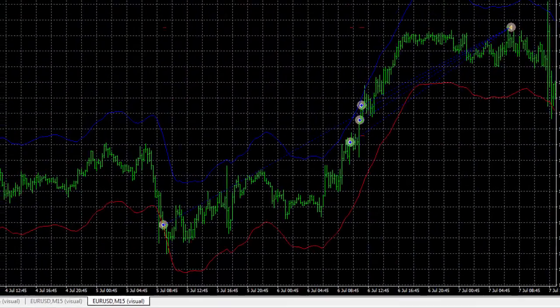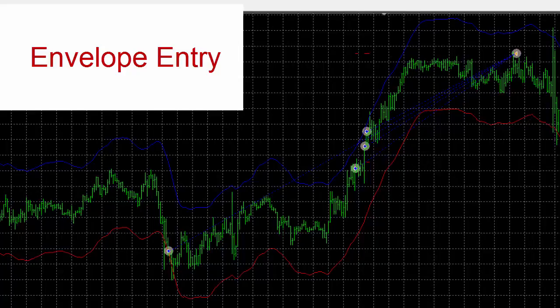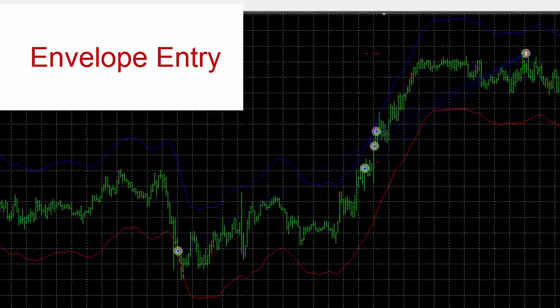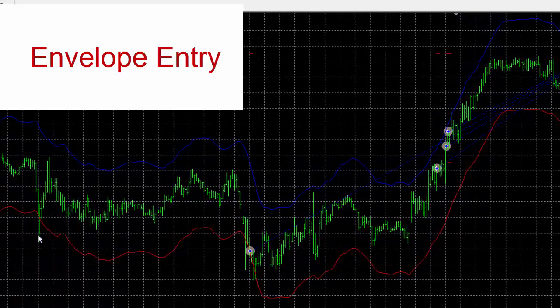Right, now on your screen, you'll see a trade taken when the strategy was to use only the envelope system. The envelope system basically says that when the price goes outside of the envelope, the EA will enter on the next candle open. And over here you'll see the price going through the envelope and nothing happened. Why is that?